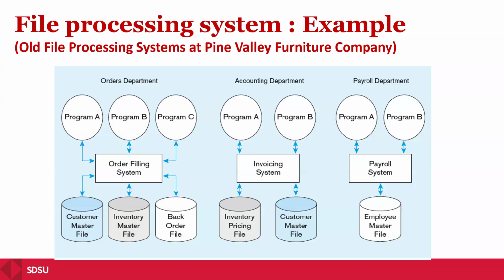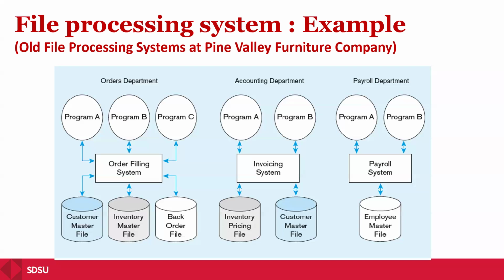This company has three different departments, and those different departments use different programs to interact with the data files. So as you can see that orders department has order file systems that deals with customer master file, inventory master file, back order file. Invoice system also has its own inventory pricing file and customer master file.